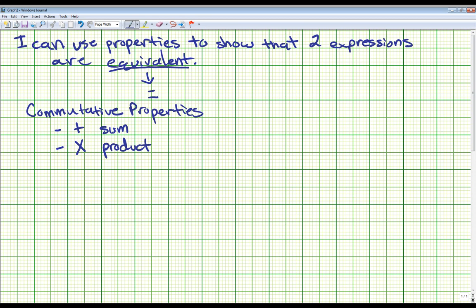So commutative works with the sum or the product. Basically, what the commutative property is saying is that if you have an expression and then you rearrange the order of the numbers, the answer is basically just going to be the same thing. So this one's all about rearranging the order. And then what you will have is the same answer.